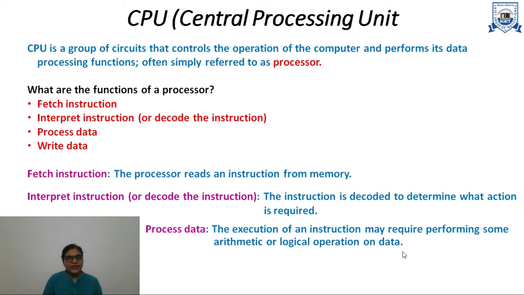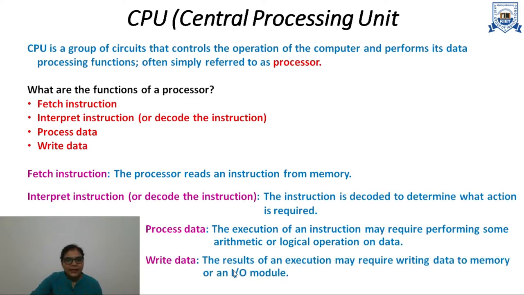When operations are being performed on data, we can say that the instruction is executing, or in instruction execution, it performs operations on data. Write the data: the results of an execution may require writing data to memory or an input-output module.